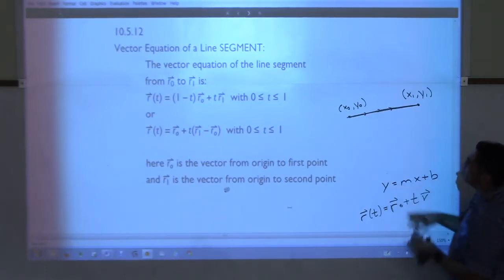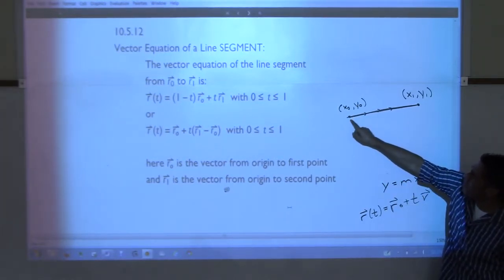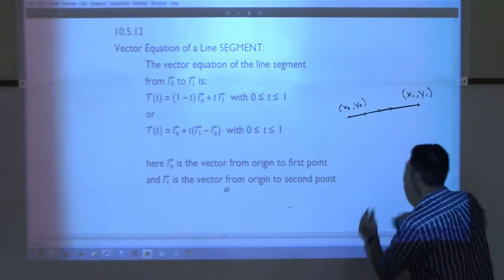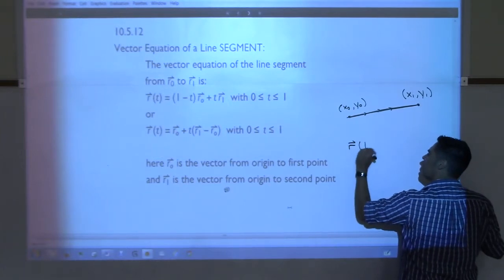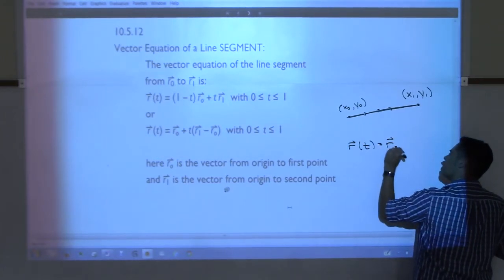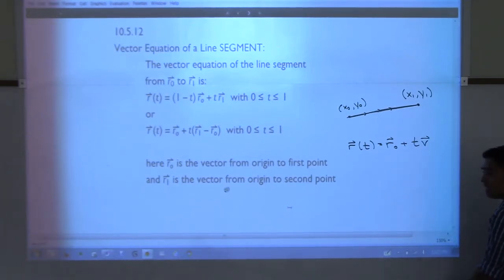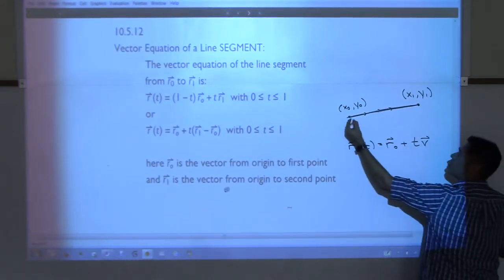Like if you want to start drawing this segment starting here and moving across to get to this point, the way you do it is exactly the same as before. Setting up the vector equation, we're still going to do this: r of t equals r naught plus tv, where v is still the direction vector here.